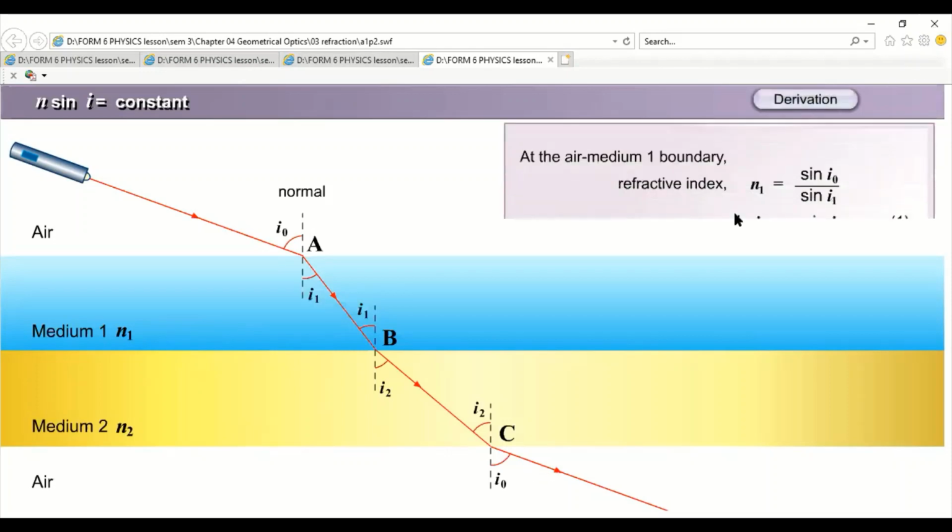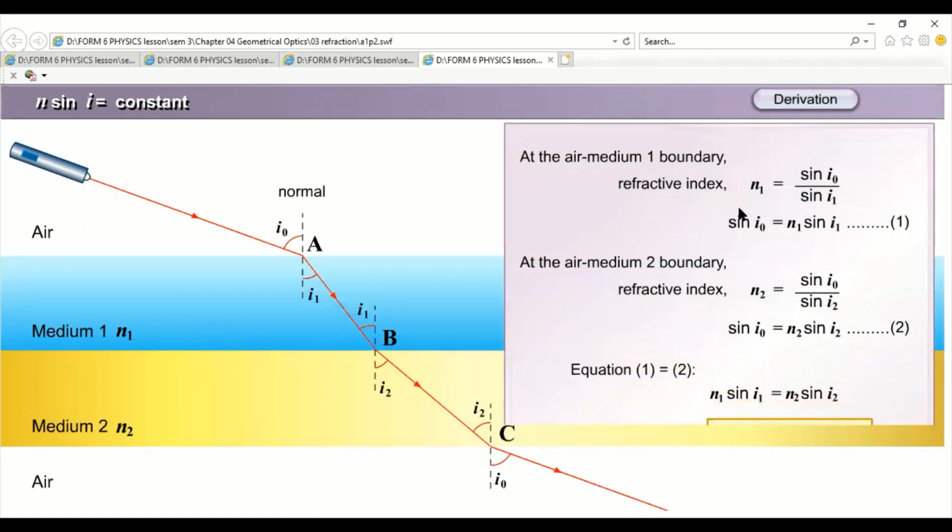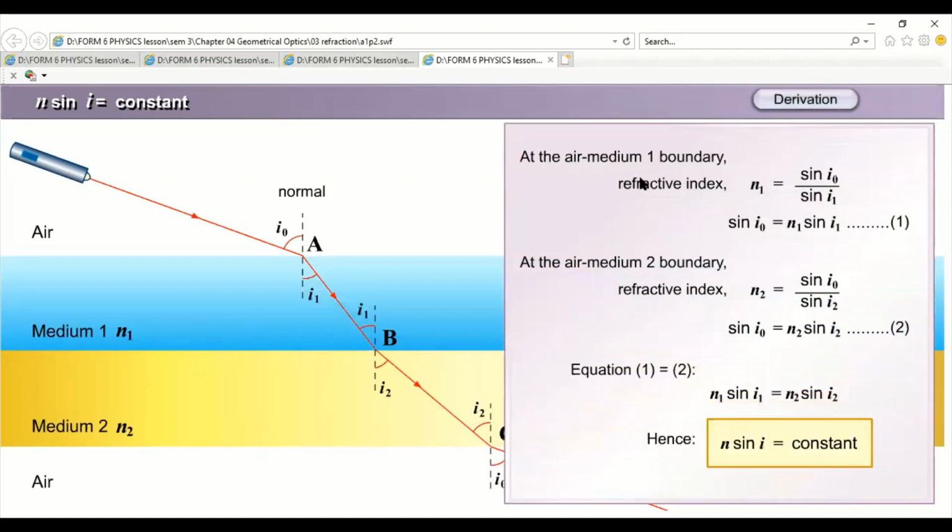We notice that at the boundary of medium 1, the refractive index n1 is equal to sin i naught over sin i1.